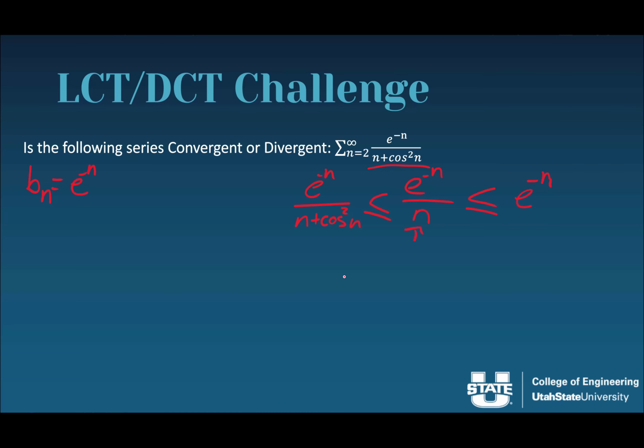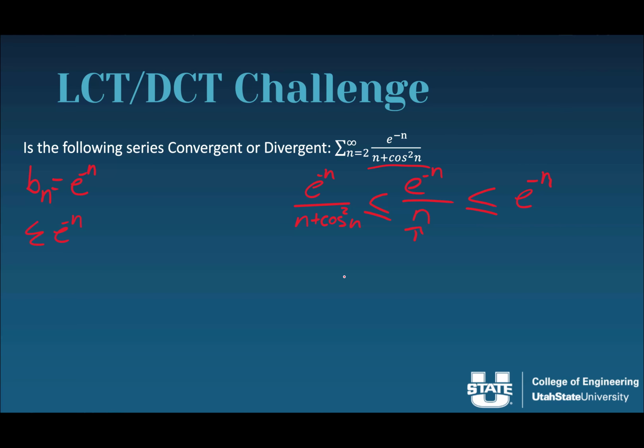Yes, less than or equal to is totally legal in the comparison test. Okay. So now I want to prove the convergence or divergence of e to the negative n. This is where I'm going to use the integral test.